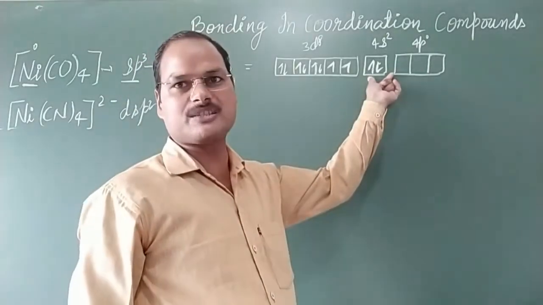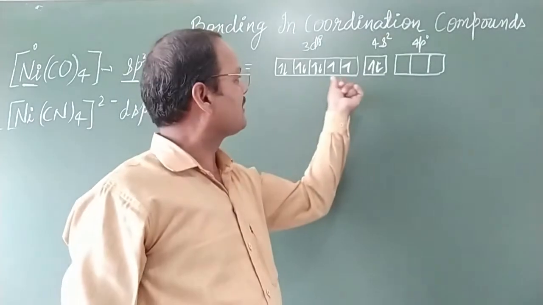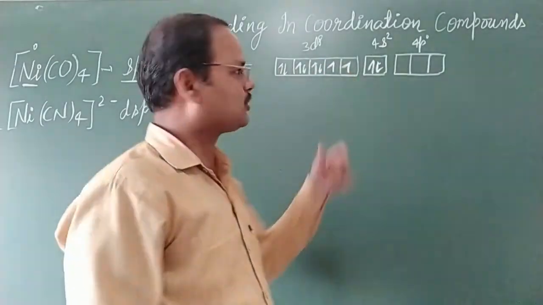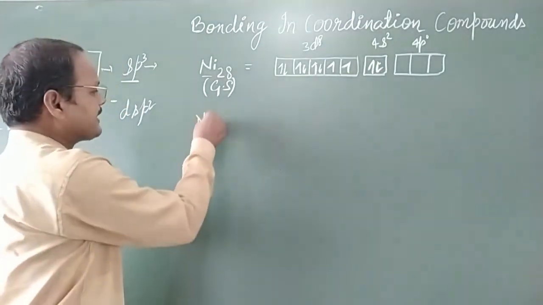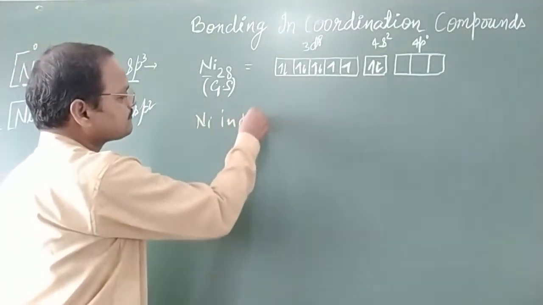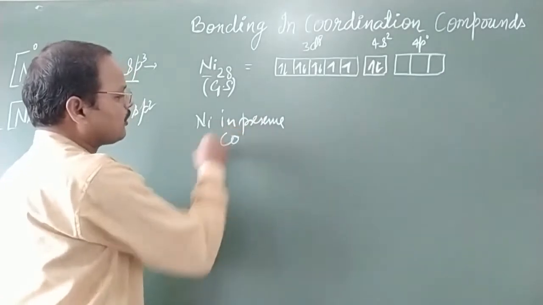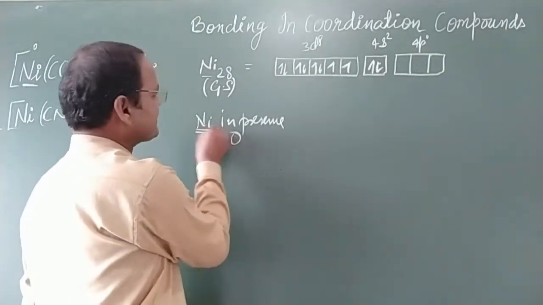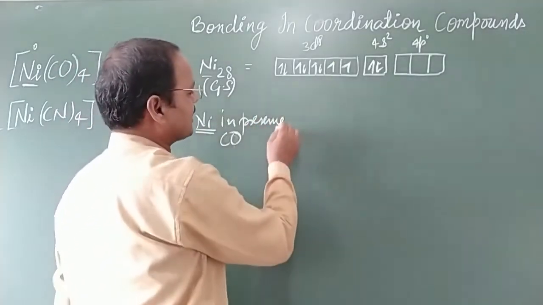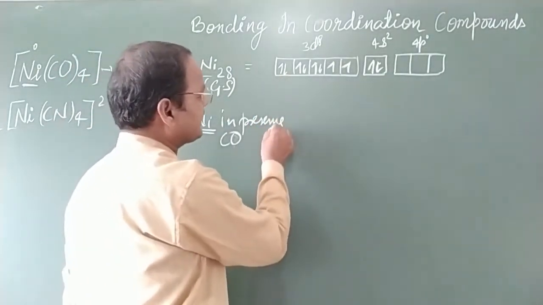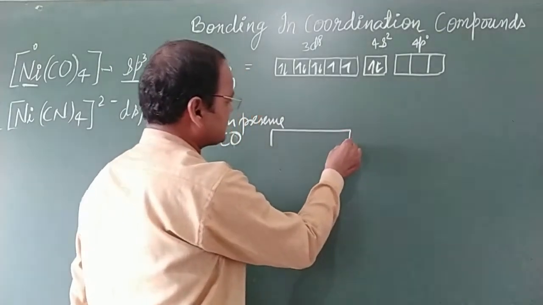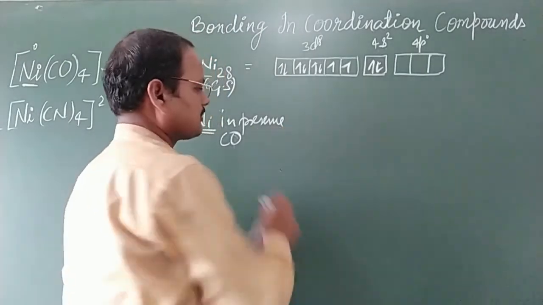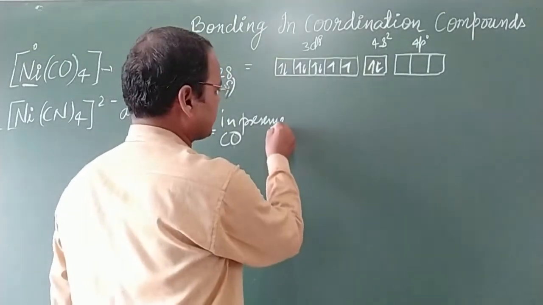So these 2 electrons which are present in the 4s will pair up in the 3d orbitals. So in presence of CO, carbonyl, pairing will take place. Therefore, in this state, we can write this electronic configuration for nickel. I am writing once again. See here, pairing will be there.